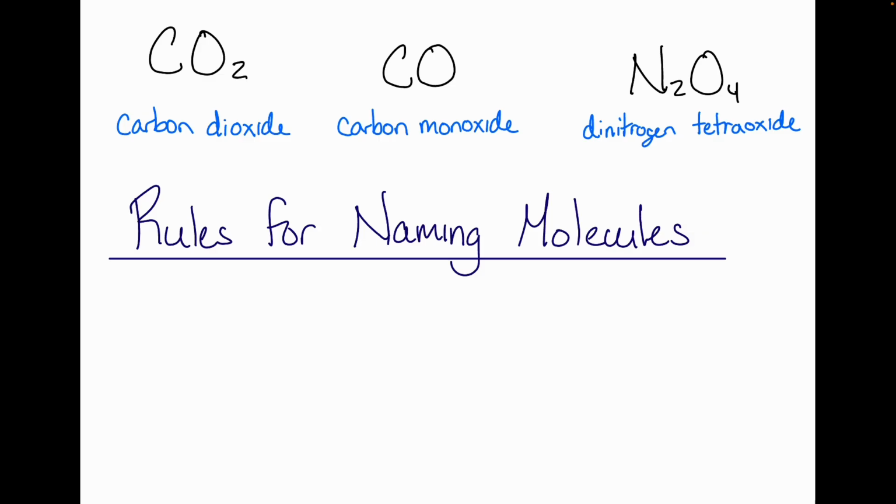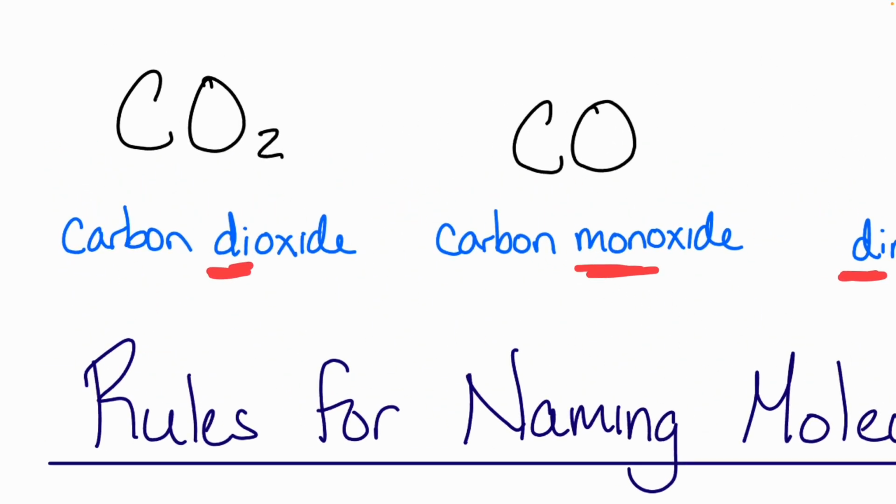The first thing that we're going to notice right off the bat in all these examples that we didn't see in any of our ionic compounds are these prefixes. Because these chemical formulas can be any number, we have to build what that number is into the name when we're referring to a specific molecule. So we're going to distinguish between these two molecules that contain carbon and oxygen by calling this one carbon dioxide. What does the di mean? That there's 2 of them, versus carbon monoxide. What does the mon mean? There's only 1 of them. So we've built into the name how many of each element we have present, because those numbers could be anything.